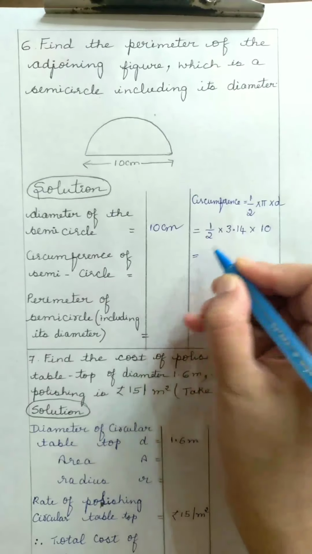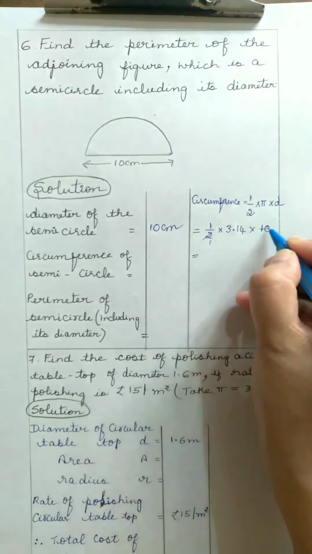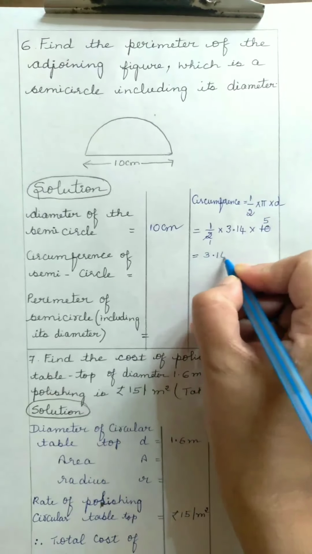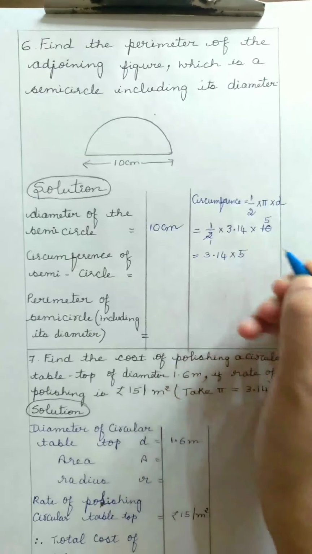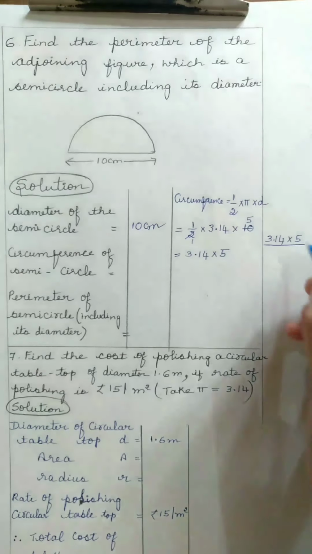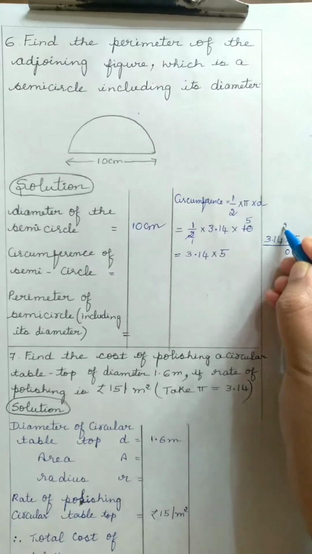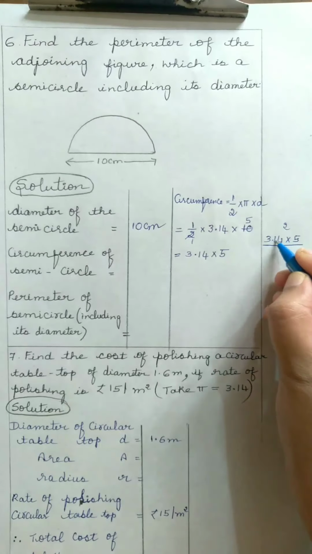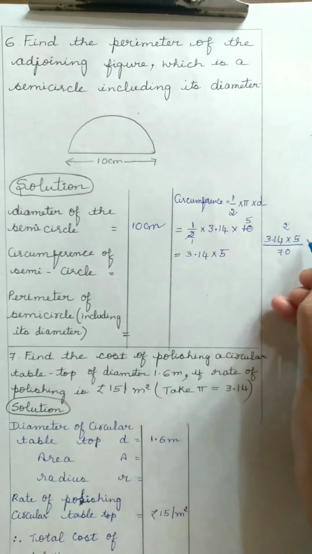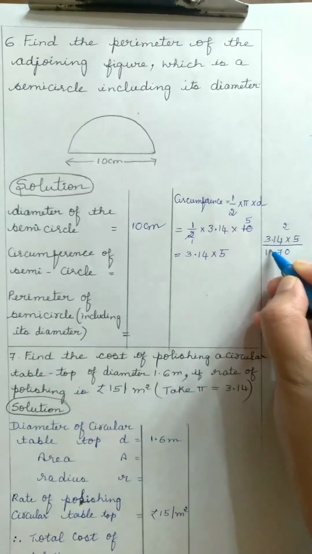Therefore, in the next step, 2 ones are 2, 2 fives are 10. Therefore, children, 3.14 into 5. So, we need to multiply 3.14 into 5 now. 5 fours are 20, 2 remaining, 5 ones are 5 plus 2, it is 7, 5 threes are 15.